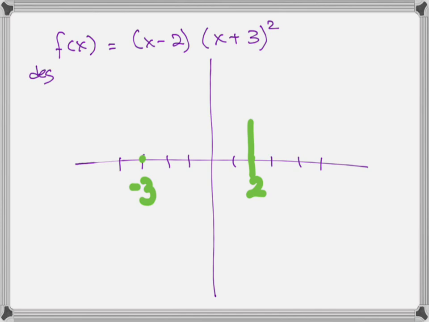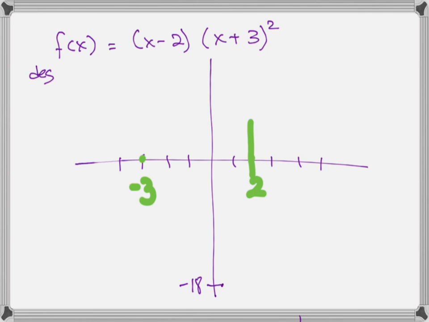And what is the y-intercept? Come on, y-intercept. It's down here. Negative 18.